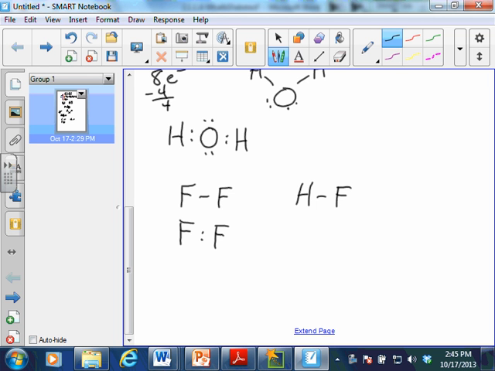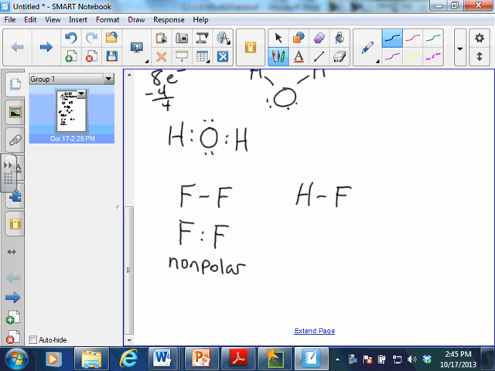They both have the same size nucleus, the same ability to pull the electrons themselves, okay? So this is a completely equal sharing, all right? We call that a nonpolar covalent bond. You guys remember this? Okay. H and F, poor hydrogen can't pull as hard on the electrons as fluorine.